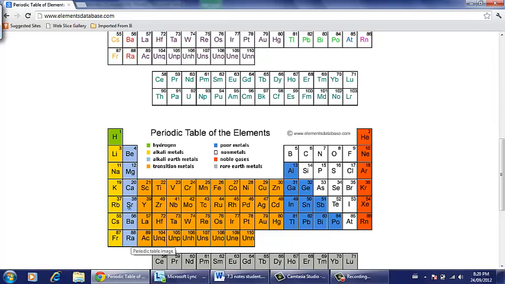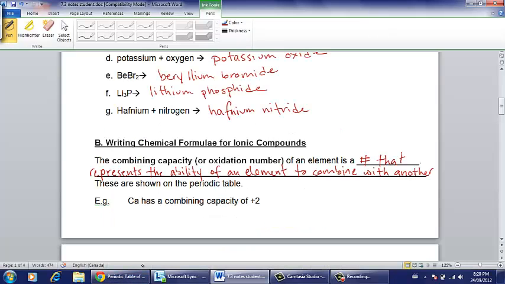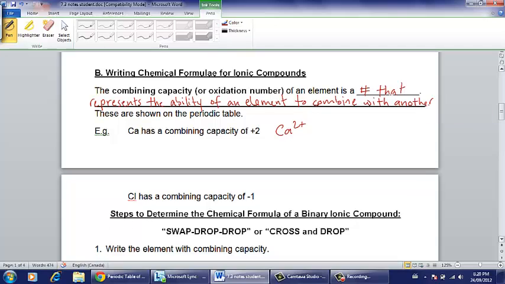Next row over has 2. So calcium would have an ion charge of 2. That means a combining capacity of 2. It's 2 plus. So calcium has a combining capacity of 2 plus. It becomes Ca2+. And if you look at chlorine, it has a combining capacity of 1 negative.